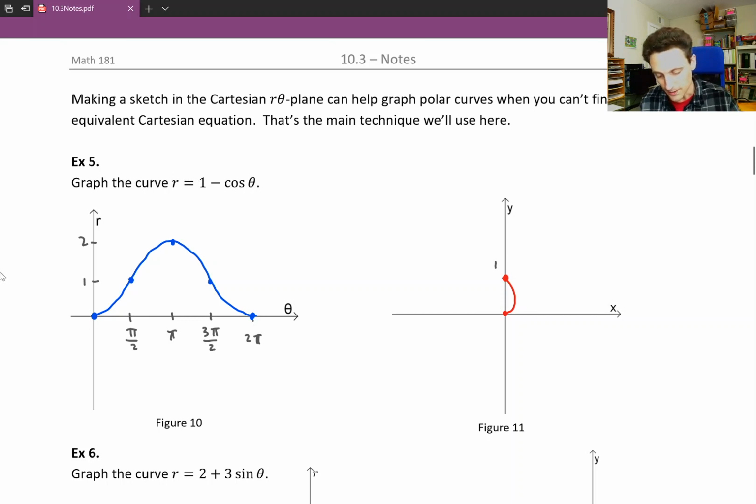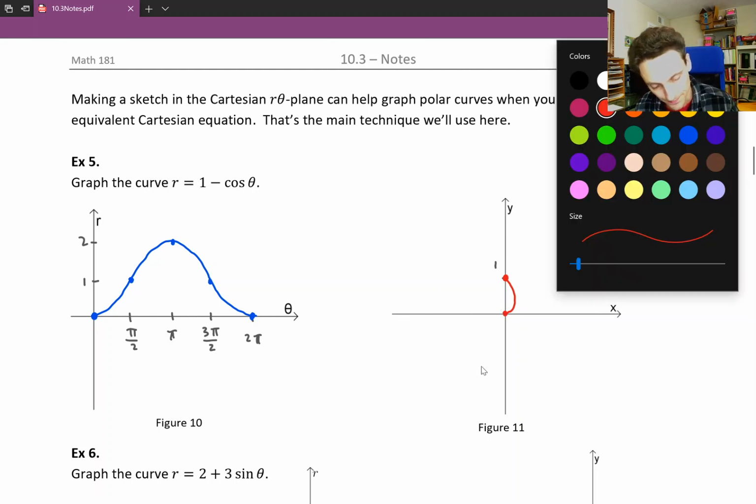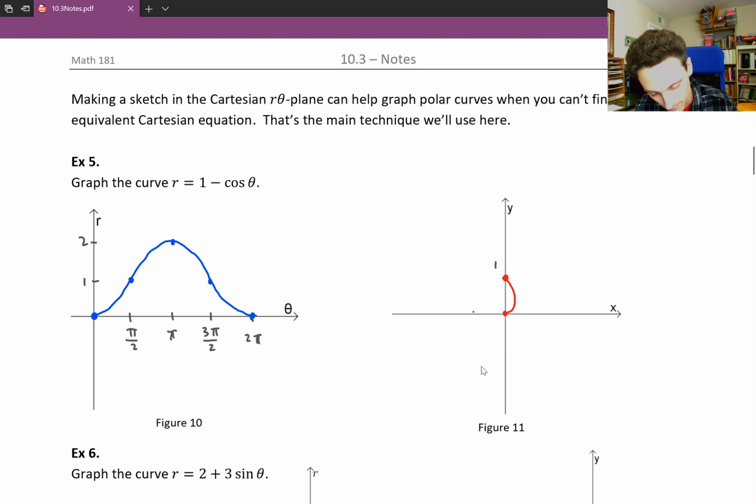Now the next leg of the journey is theta going from pi over 2 to pi. There the r values are going from 1 to 2. So we already know where we're starting from: x equals 0, y equals 1 at that point. Now if theta is pi, then we're pointing in the negative x direction, and r is 2, so we'd be going 2 along that negative x direction. 1, 2.